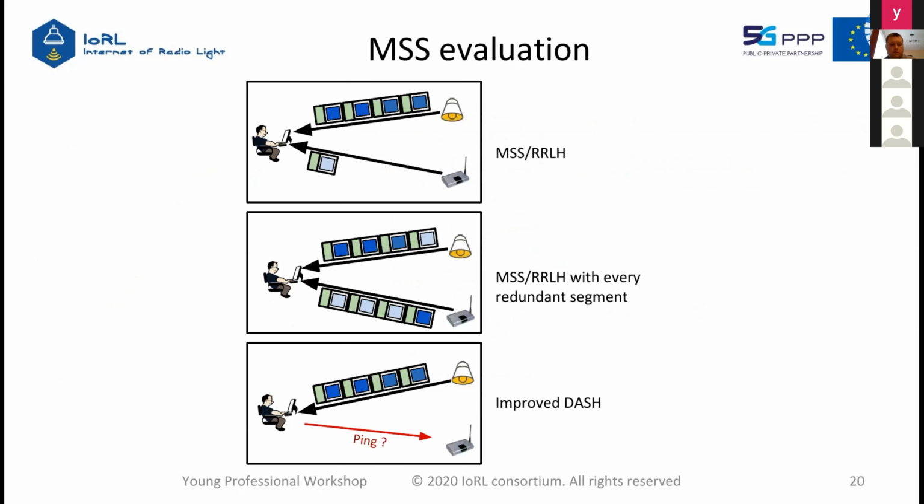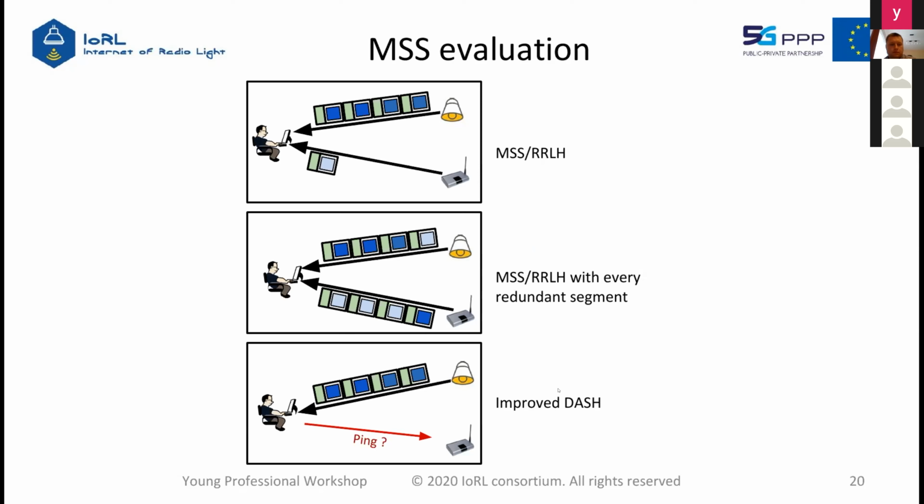We have evaluated our propositions. So we have developed 3 different video players. The first one is MSS, just as I described in the previous slides. We have also implemented a version of MSS that tries to send redundant low-quality data every time.